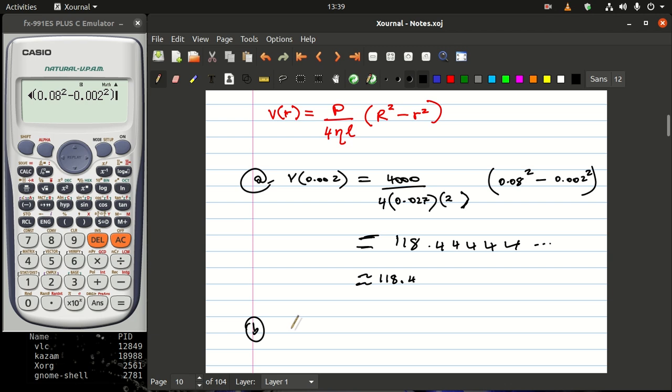So to get the velocity gradient, we are looking for v prime of 0.02. First we need to find v prime of r, which is just the change in v of r with respect to the change in r.